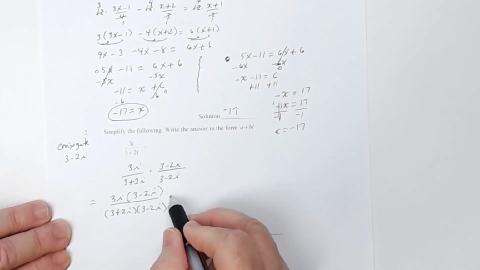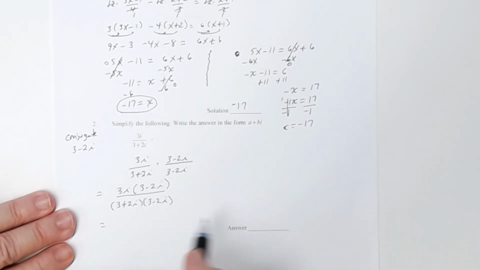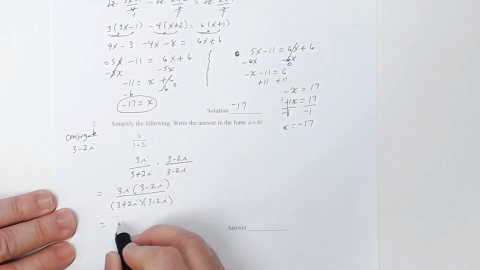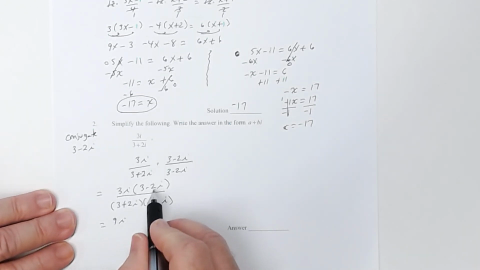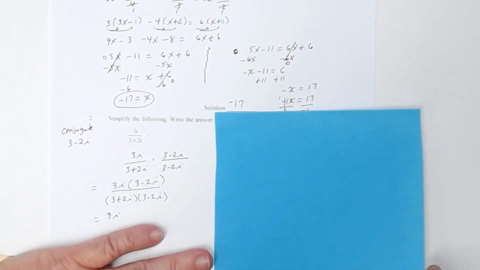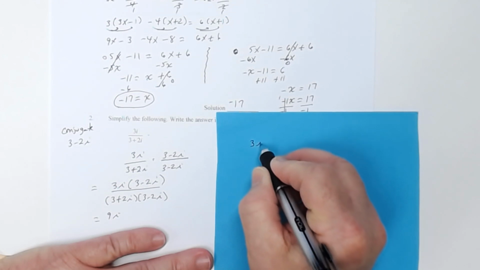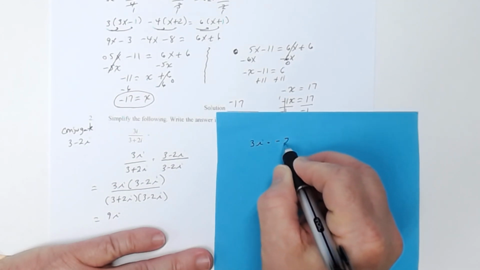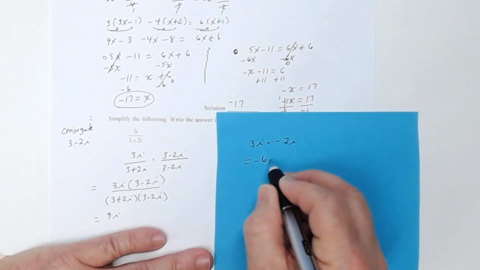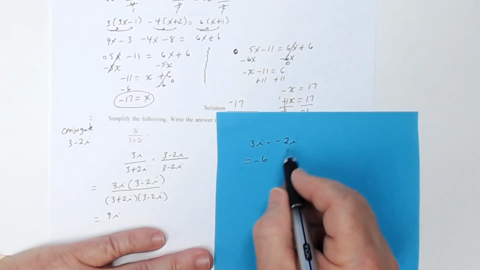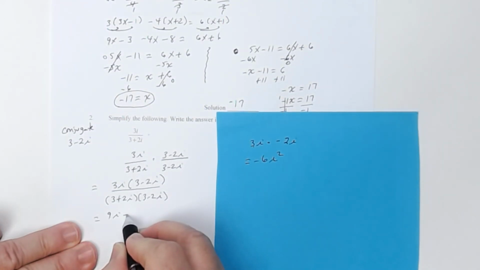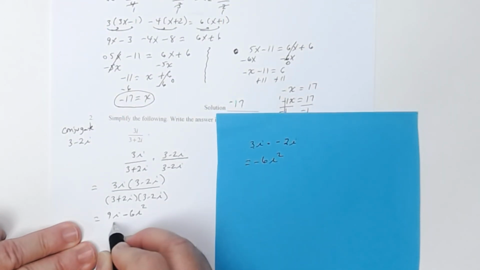And now I'm going to have 3i times 3, so I'm going to use the distributive property. 3i times 3 is 9i. 3i times a negative 2i. 3 times a negative 2 is a negative 6. i times i is i squared. So this becomes 9i minus 6i squared.